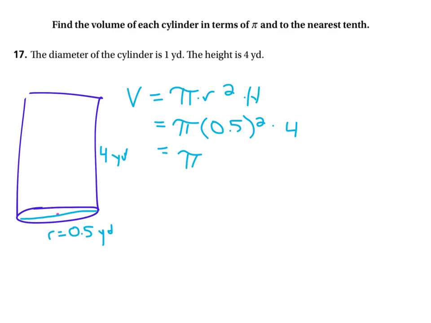So we've got pi times 0.5 times 0.5 is 0.25. Times 4, and this will be a nice one because 4 times 0.25 is 1.0, or simply 1 as the multiplier of pi. 0.25 times 4 is 1, 1 times pi is pi, so the volume of this is exactly pi units.